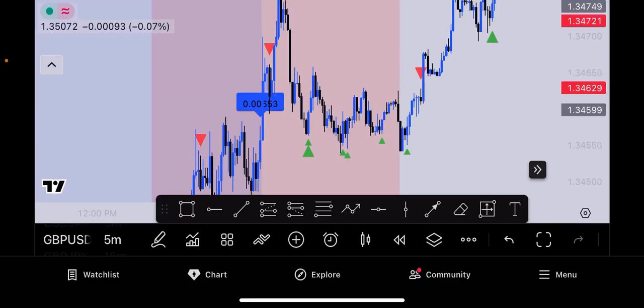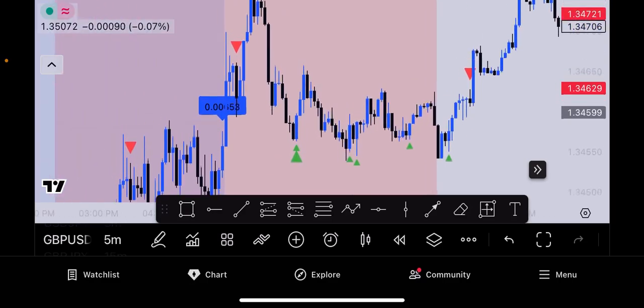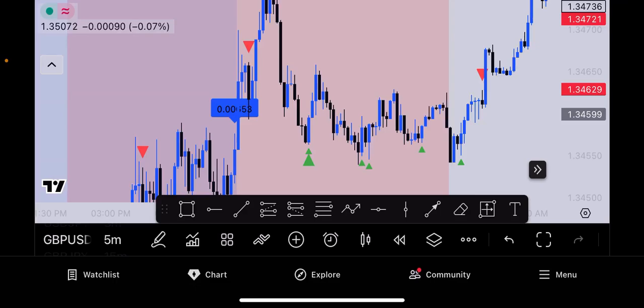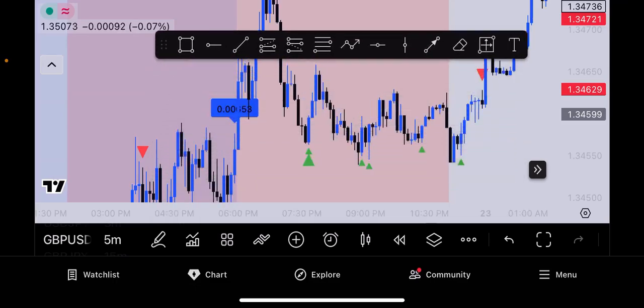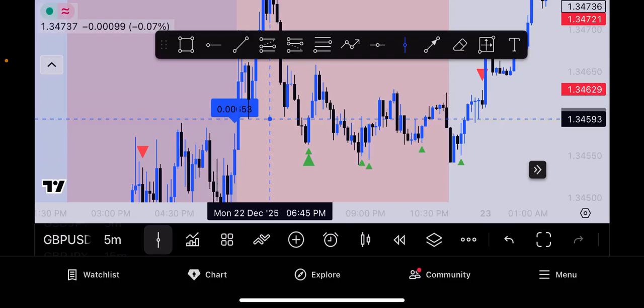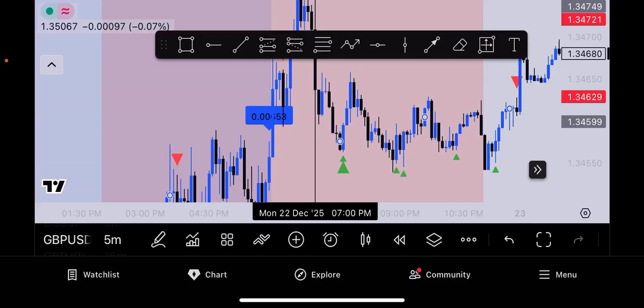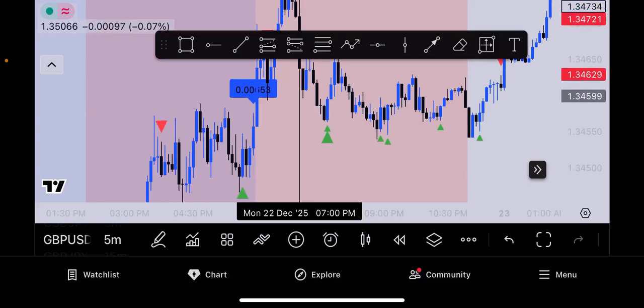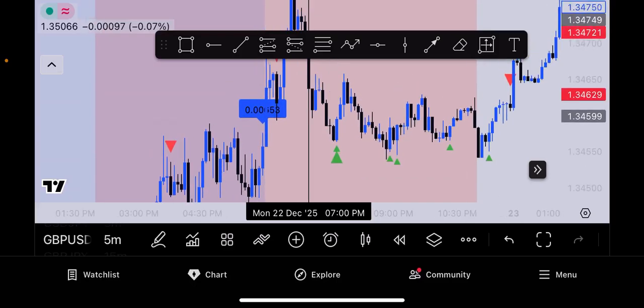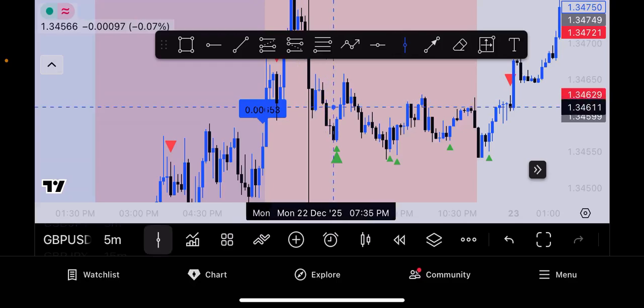Now, looking at the chart right here, when you are coming to the chart at 7 o'clock, you are looking for the last structure the price created before you get to 8 o'clock.